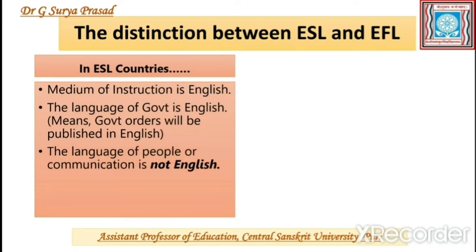And the language of the people or communication is not English. This is different from the ENL country. In ENL countries, people talk in English, but in ESL countries, people may not talk in English, meaning the communication may not be done through English. Of course, many people are talking in English now, but a layman cannot talk in English.